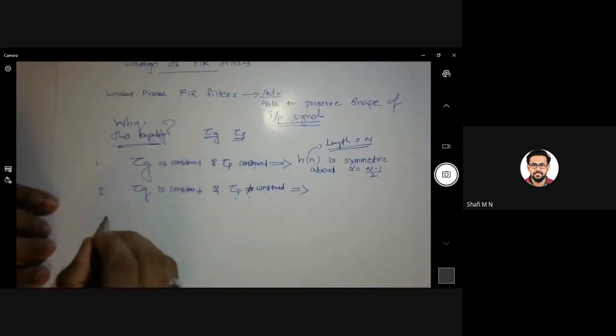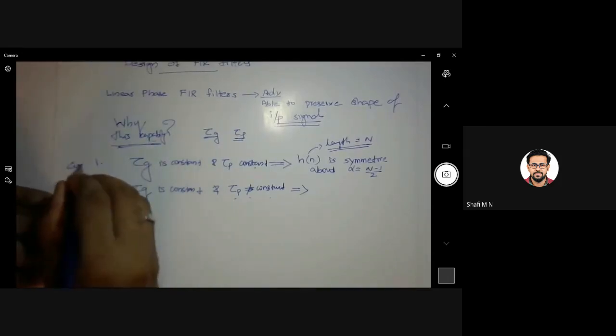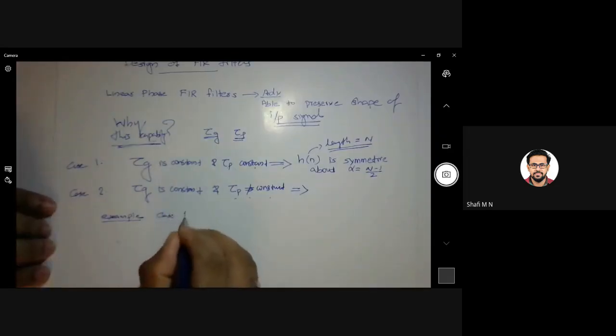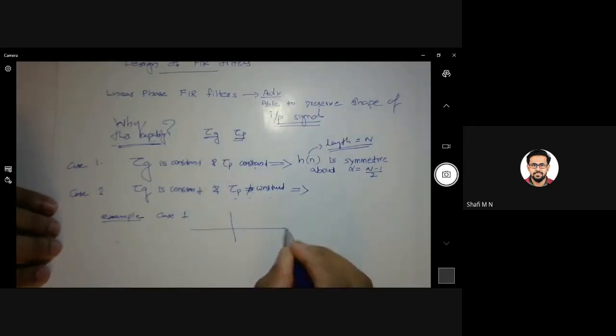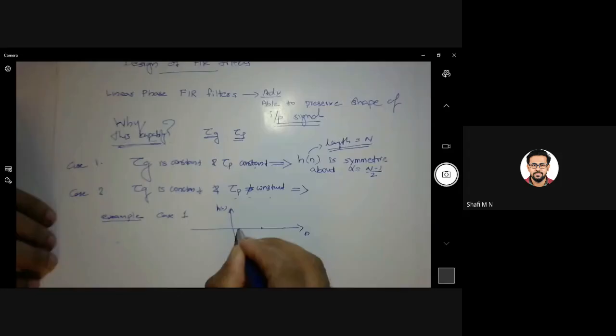This is the example for case 1. Call it case 1 and case 2. Here is the h(n) signal, with n on the axis. This element is h(0), let it be 1.